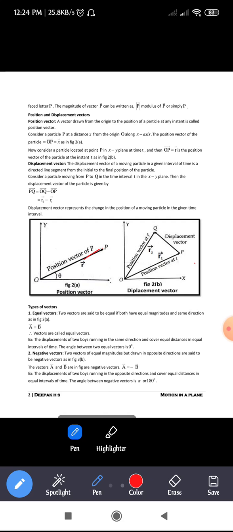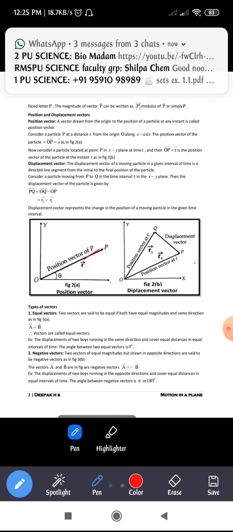Consider a particle moving from P to Q in the time interval t in the xy plane. Then the displacement vector of the particle is given by vector PQ is equal to OQ minus OP, that is nothing but vector R2 minus vector R1.